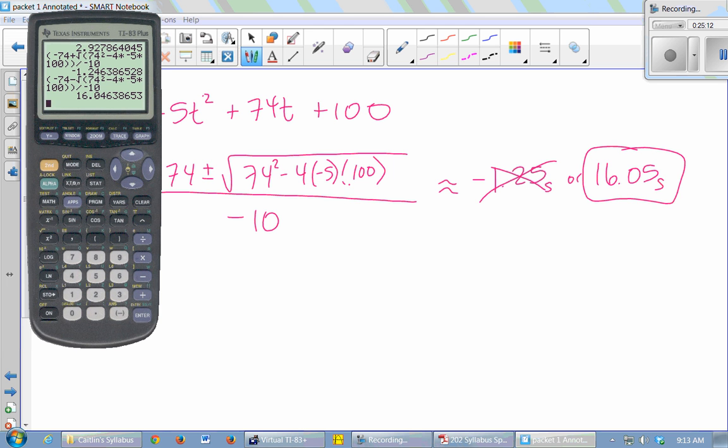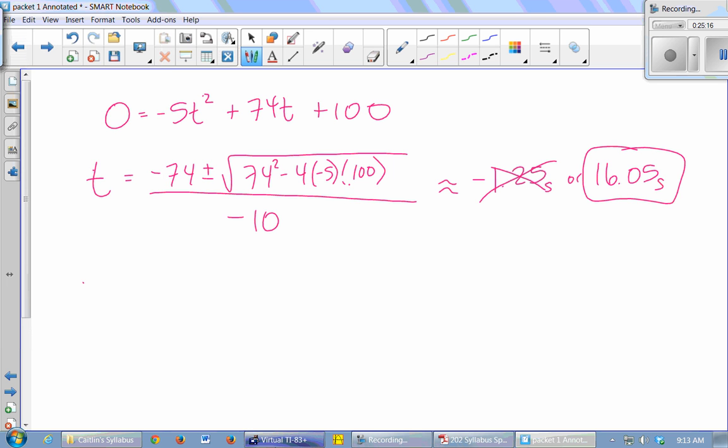Yeah, I have a velocity function, so I'll plug this into it. V of t was negative 10t plus 74.